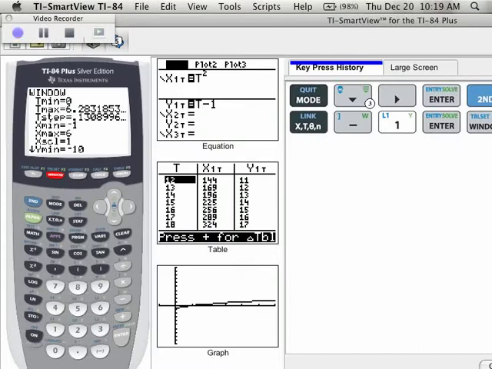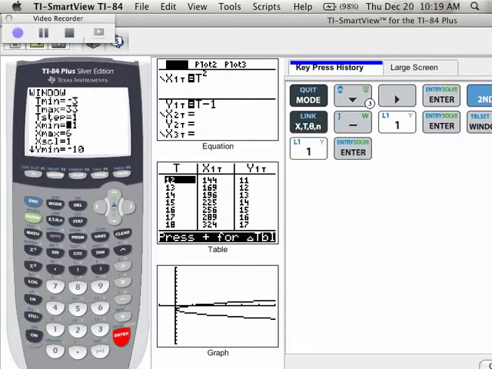Negative 3 to 3. And my x values, if I look in my table, went from, I think, 0 to 9, wasn't it? In the table that we just wrote down, yeah. Right, 0 to 9. So I'm going to go from negative 1 to 10.